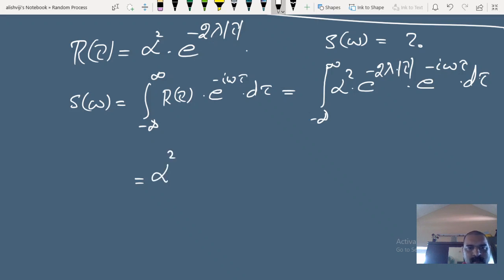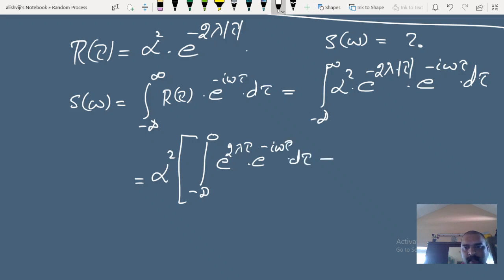We take alpha square as a common factor. The first integral is from minus infinity to 0, where the modulus of tau is nothing but minus tau, so it becomes e raised to 2 lambda tau into e raised to minus i omega tau d tau, plus the integral from 0 to infinity, where the modulus of tau is nothing but tau, so it is e raised to minus 2 lambda tau into e raised to minus i omega tau d tau.